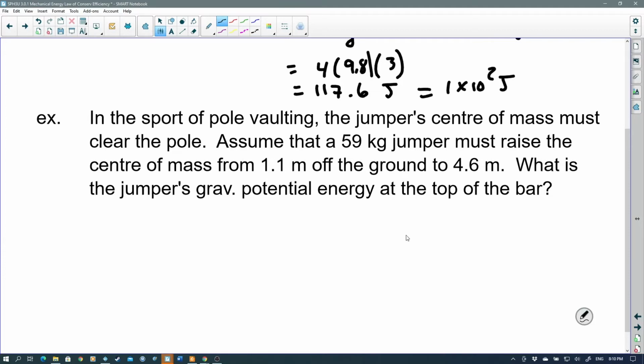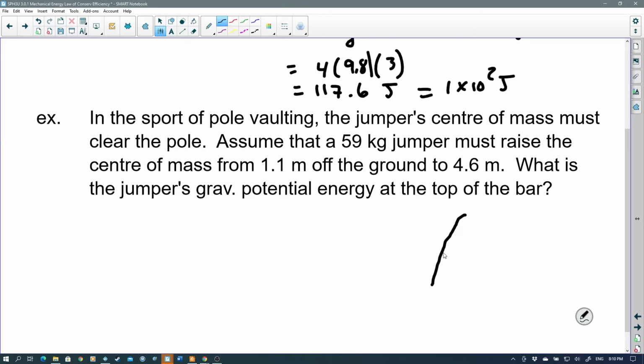So this is also kind of a scenario where the topic of energy, and the fact that it doesn't require knowledge of the path the object has taken, is going to come into consideration, because if you think about the pole vaulter's path, a pole vaulter doesn't technically go straight up in the air.